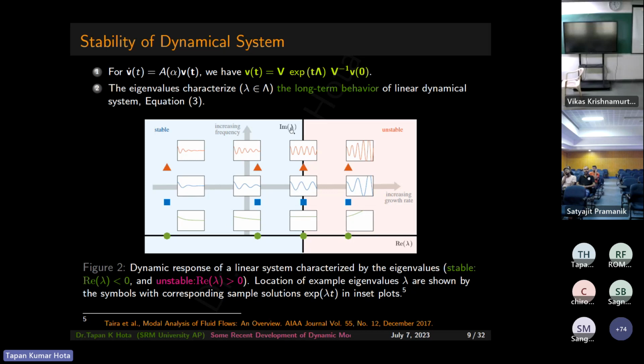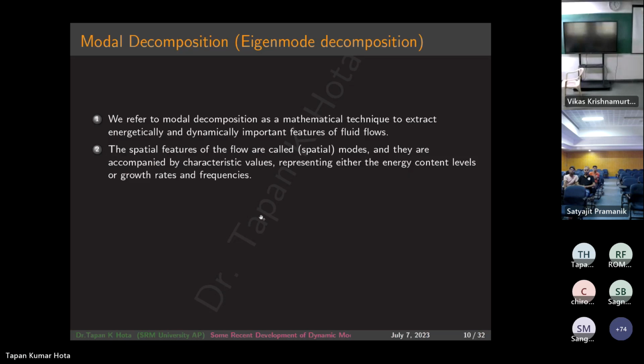Now, if the imaginary part is there, an oscillatory system will be observed, and the amplitude of the waves depends on the real part of lambda. If the real part of lambda is negative, it will be damped out. If the real part of lambda is positive, the amplitude will keep on increasing. So in essence, in the fluid dynamics community, this eigenmode decomposition, or the spectral theorem for normal operators or normal matrices, is known as modal decomposition.